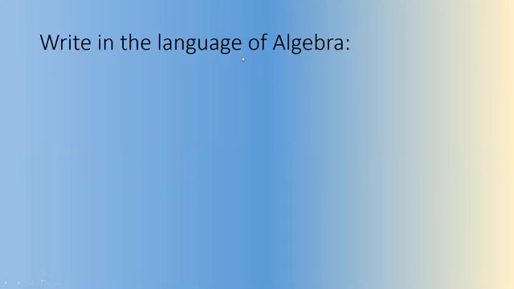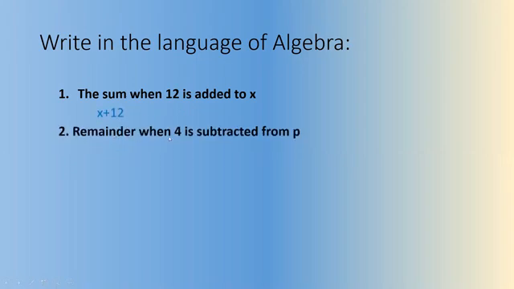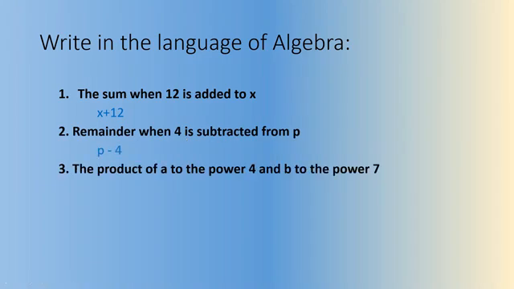Now the question is, write in the language of algebra the sum when 12 is added to x. Okay, so simple, x plus 12. Remainder when 4 is subtracted from b: b minus 4. Now next, the product of a to the power 4 and b to the power 7. Product.